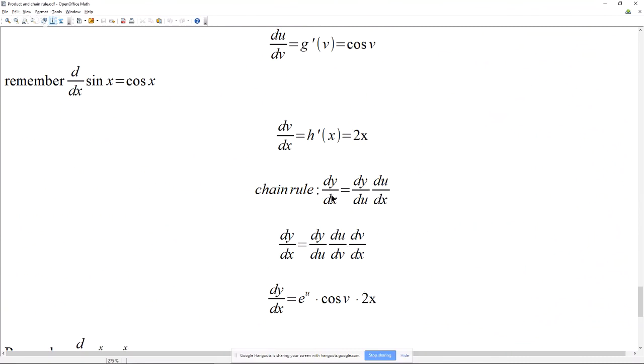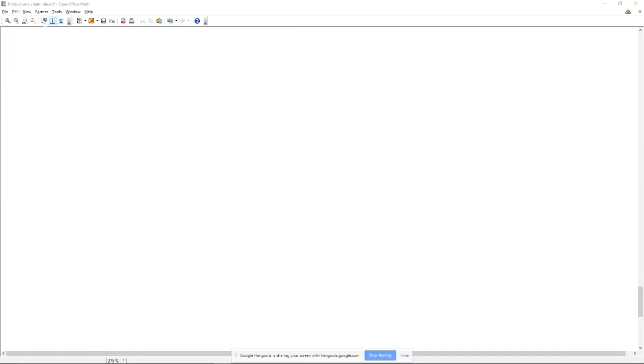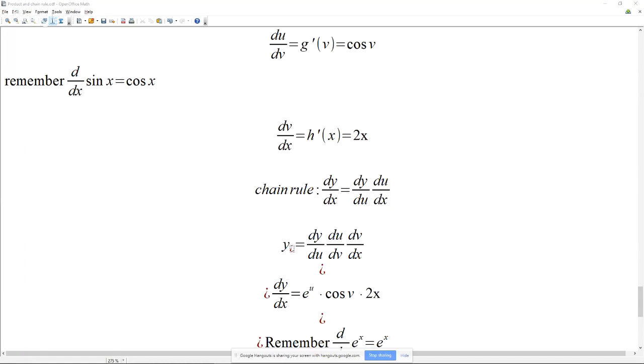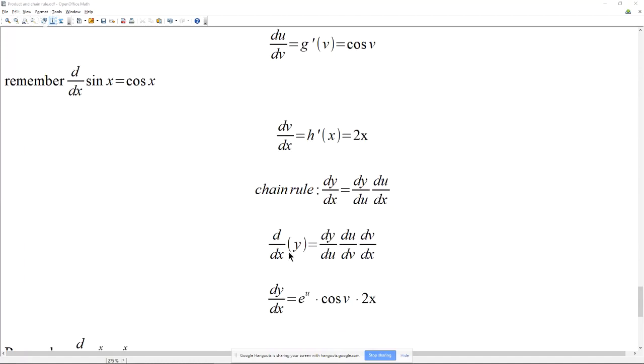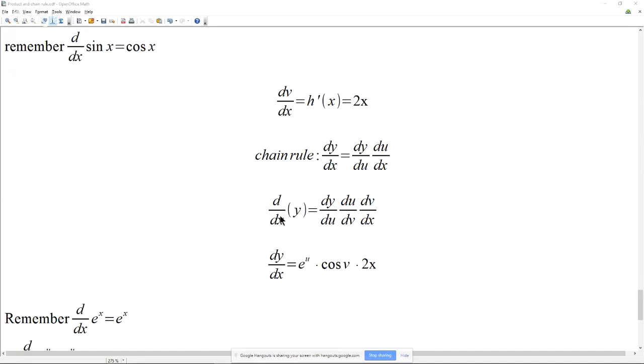So we're going to apply the chain rule now. This little fancy looking thing is just saying that we're taking dy dx, and you might see this written different ways. Let me actually show you how you might see this. You might see it written like this. Can you see this? Yes. This is what you're actually doing.